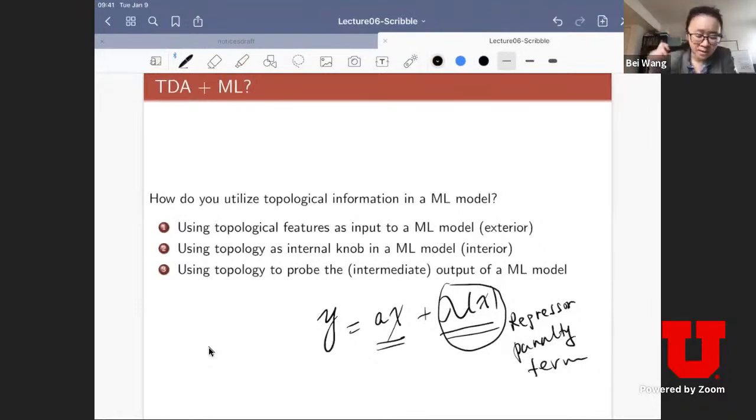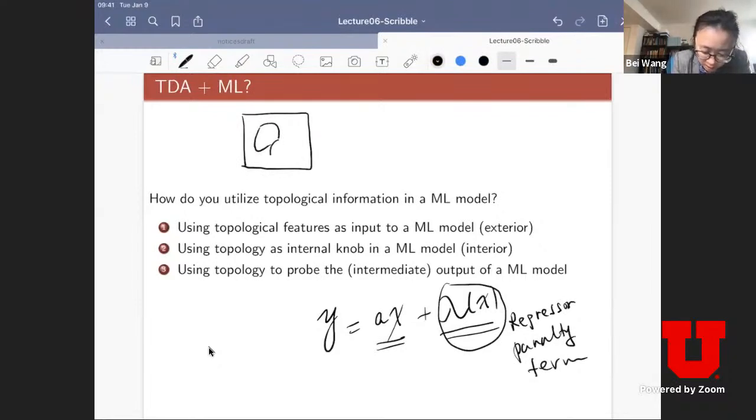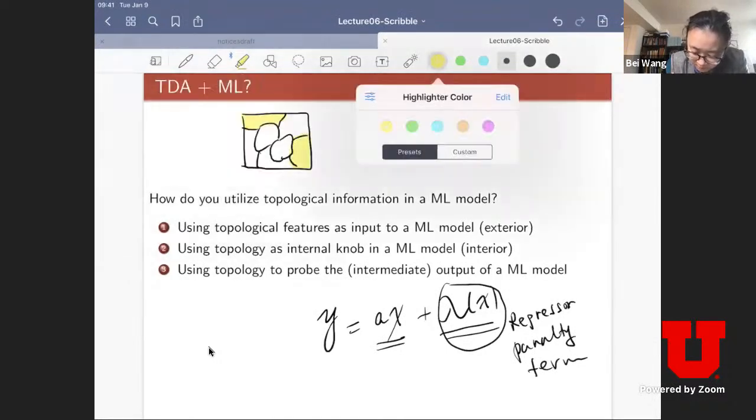So what is a precise example for that? We'll come back to this later, but I want to give you a quick example. In image segmentation, if I have a picture of a cell like this, then my goal is to segment different pieces as different cell boundaries.